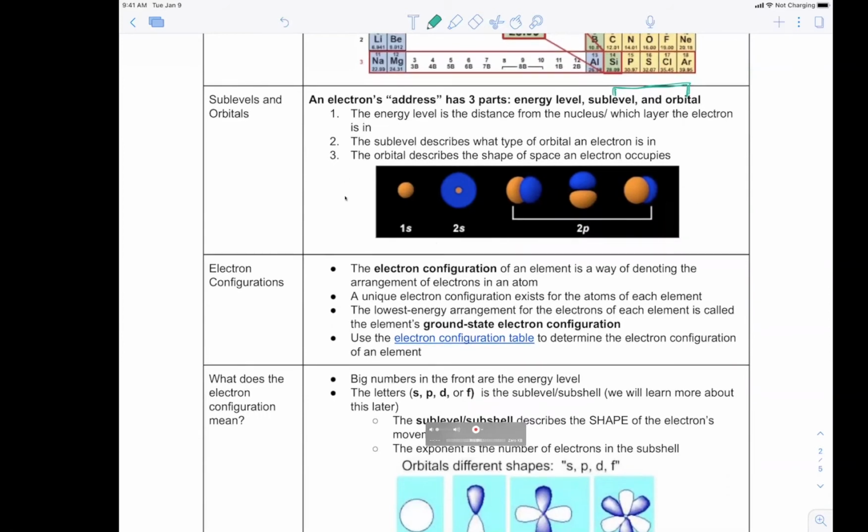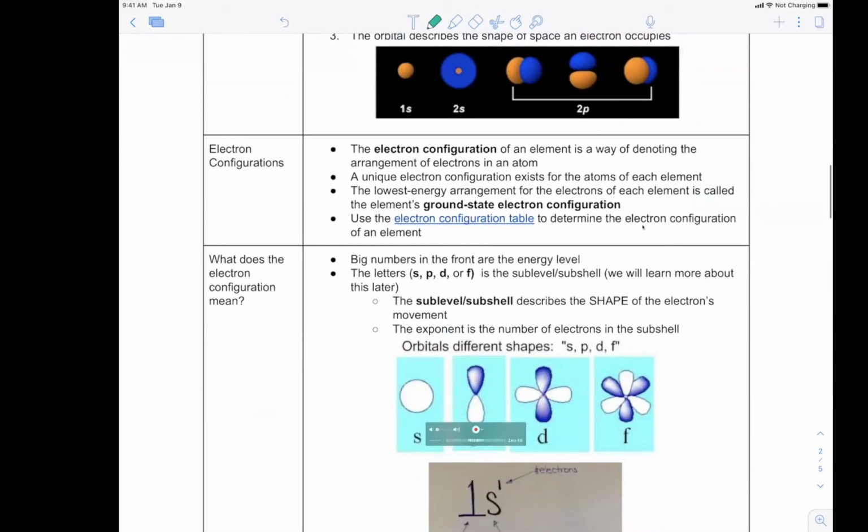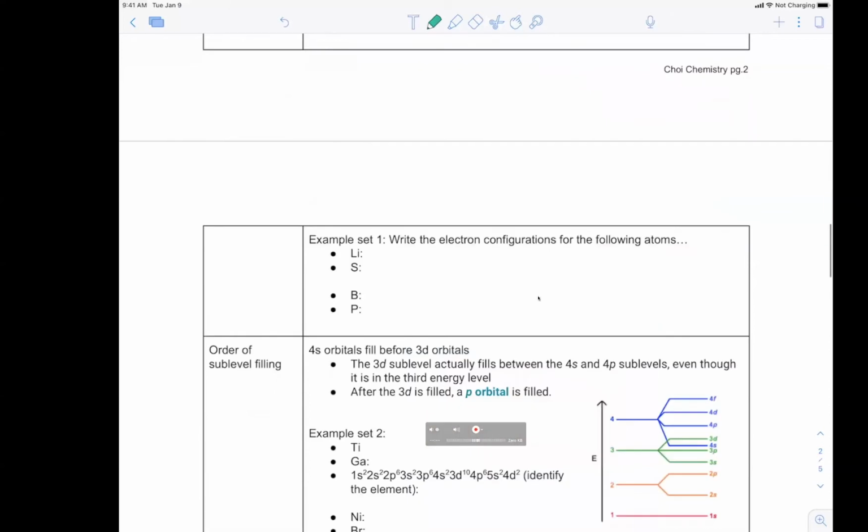This part is pretty confusing and very conceptual. Don't worry so much if you don't understand it yet. When we get into later lessons, it'll make more sense. But for today, I'm just going to give you an intro to it. The main thing you need to get out of today is knowing how to write electron configurations.